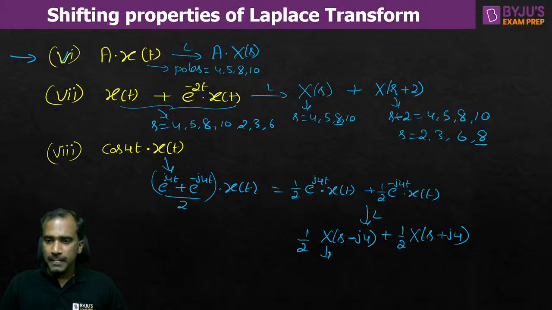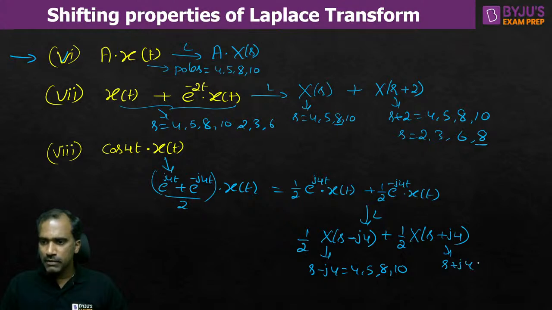4, 5, 8, 10. The new poles are s minus j4 should be equal to 4, 5, 8, 10. And in this function, the new pole should be s plus j4 should be equal to 4, 5, 8, 10.